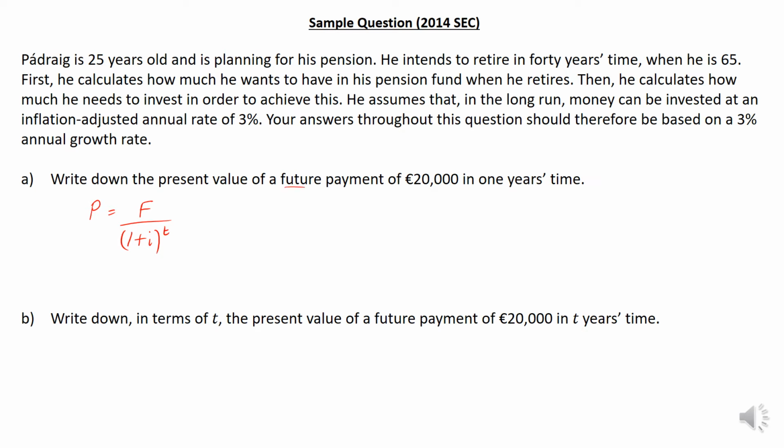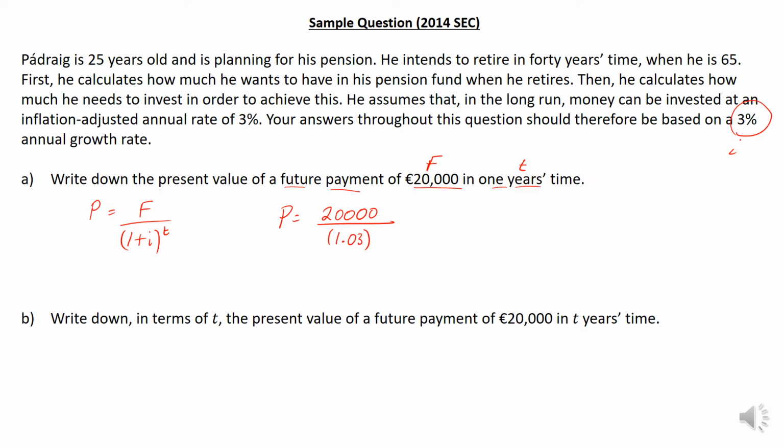The future payment is €20,000. That's F in 1 year's time. That is time as 1, T, and we'll use 3% as I. So P is equal to 20,000 all over, and we can add it right now if we want, 1.03.